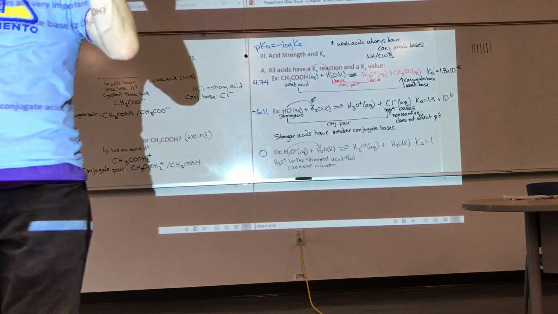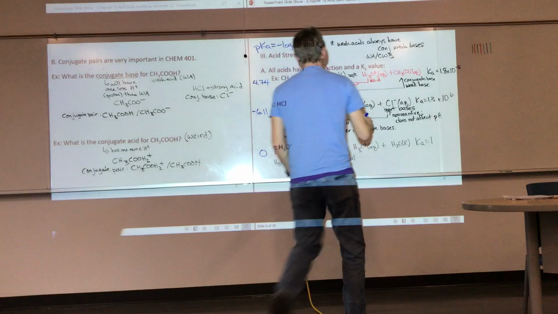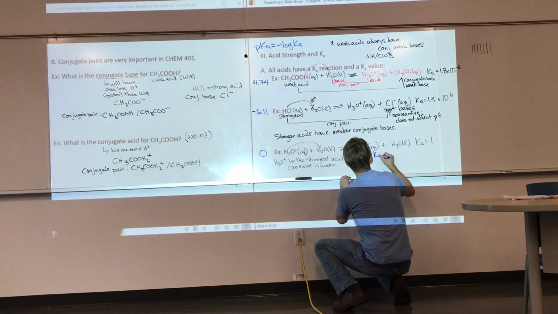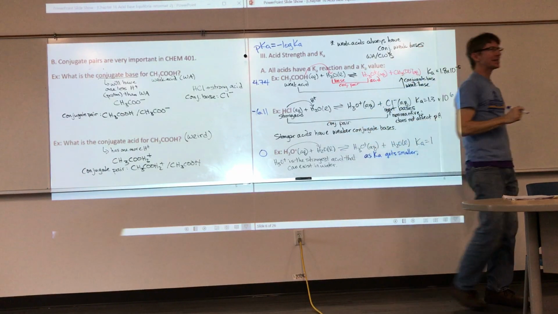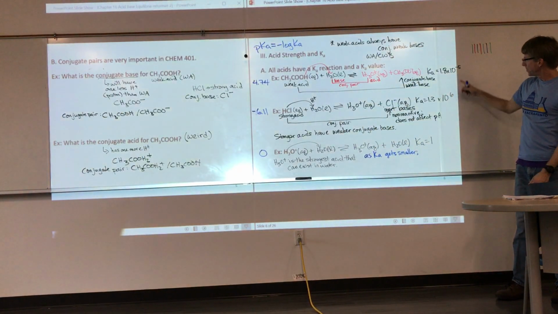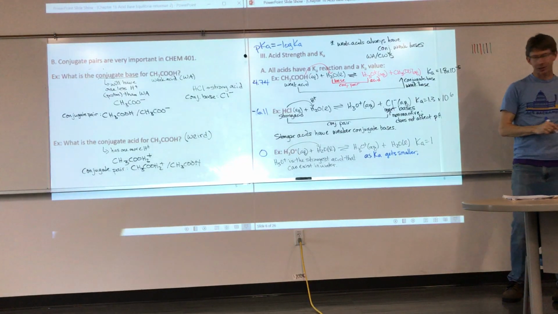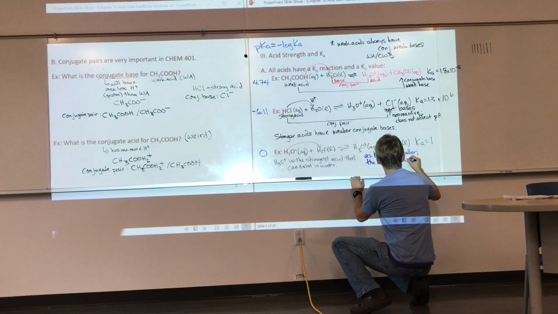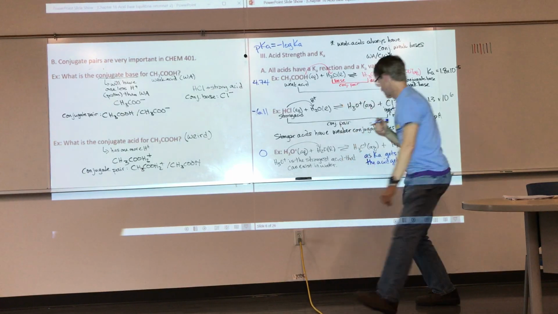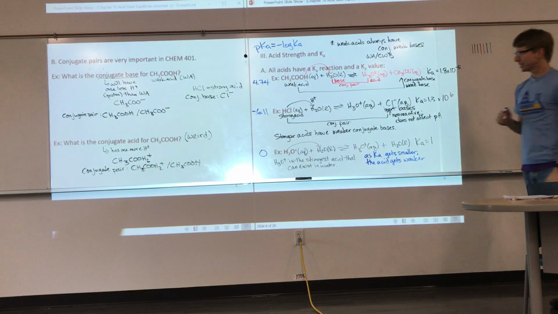One is, as Ka gets smaller, the acid gets weaker. As Ka gets smaller, from 10 to the minus 5 to 1 to 10 to the plus 6, the acid gets weaker. And as pKa gets larger, the acid gets weaker.